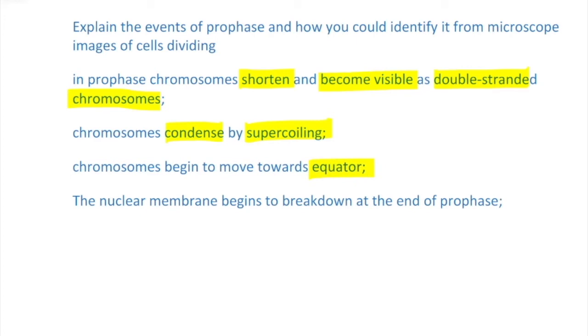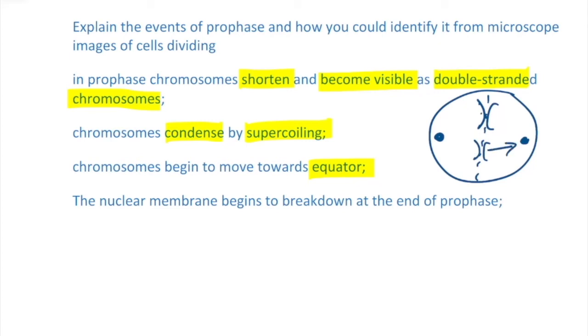And the equator is an imaginary line down the centre of the cell where the chromosomes are going to line up so that they can pull towards each side. In late prophase, we get the nuclear membrane or envelope breaking down. And that's important because if it doesn't break down, these chromosomes wouldn't be able to move out to the sides of the cells, to move out of the nucleus.